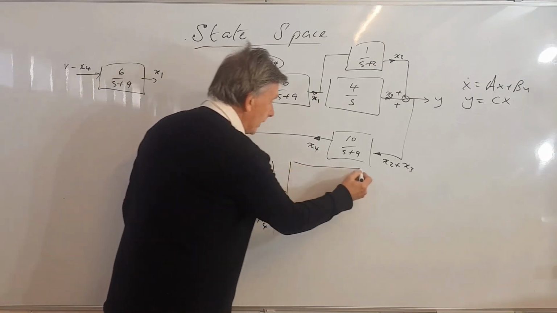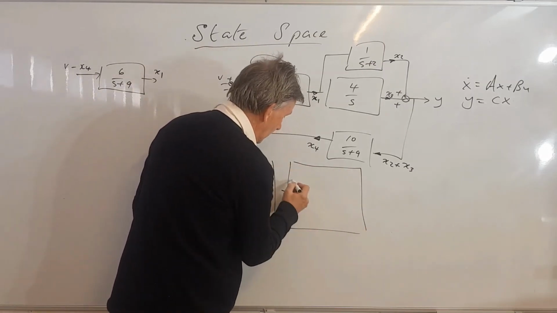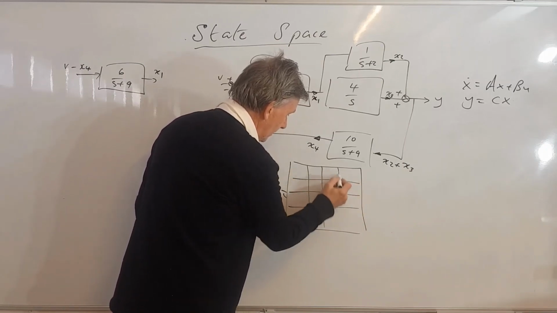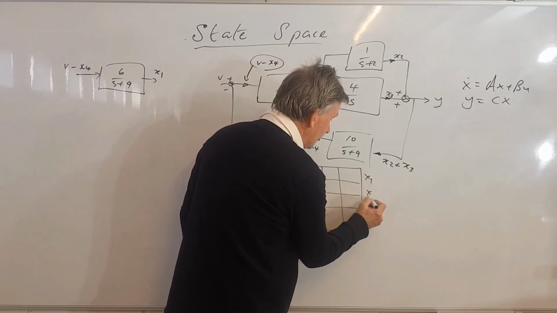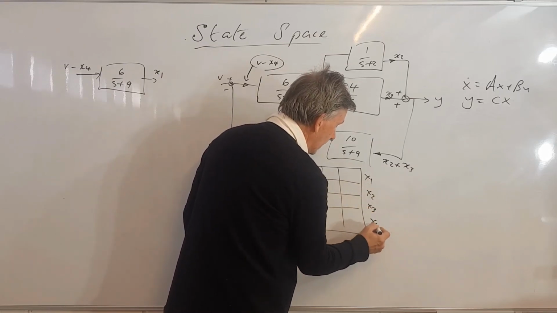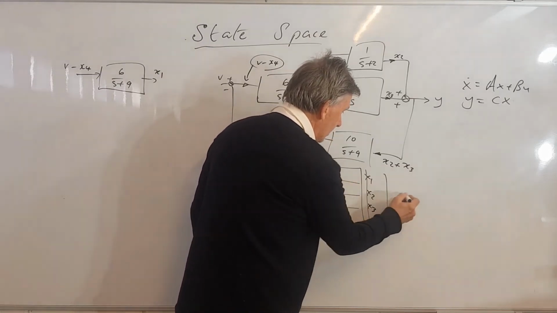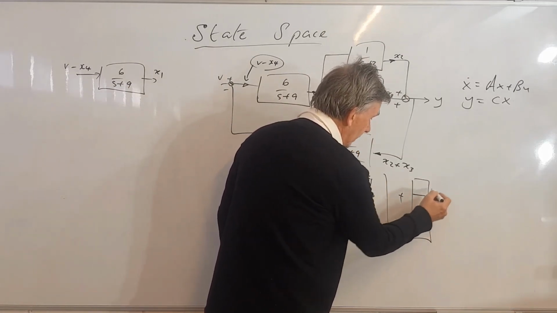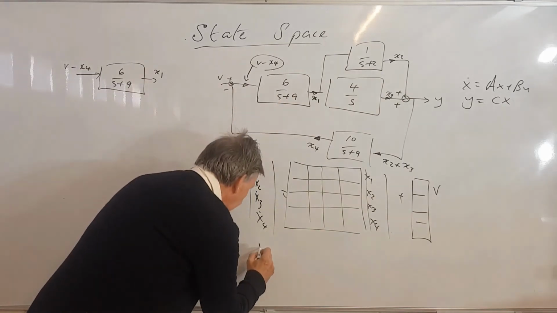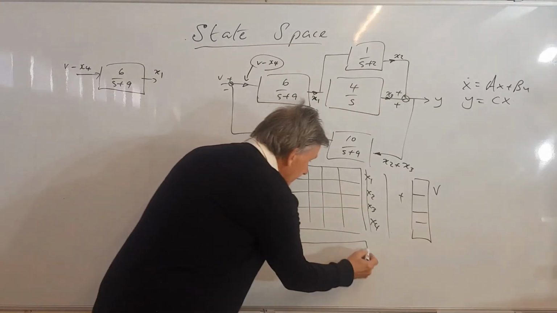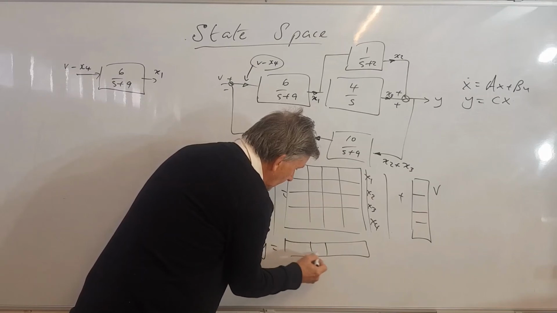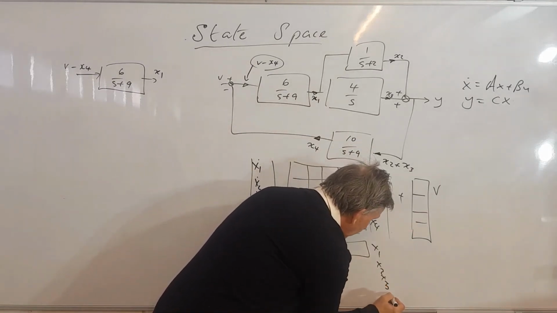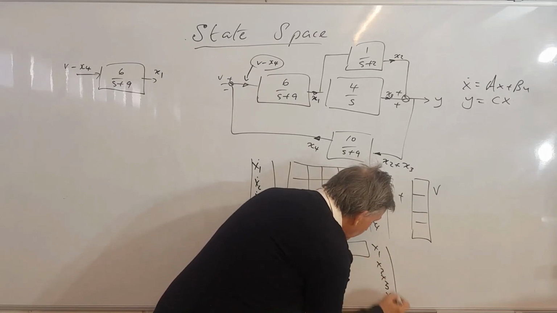So we're going to have a 4 by 4 matrix here, times x1, x2, x3 and x4, plus a 4 by 1 times v, and we have y equals something times x1, x2, x3, x4.